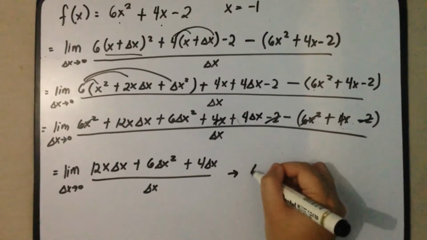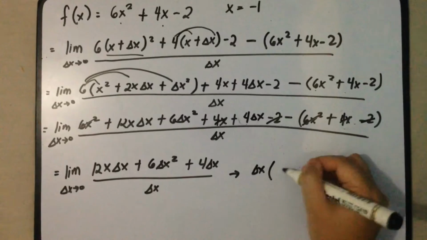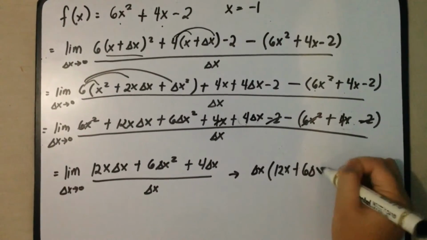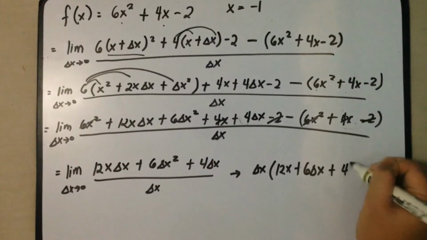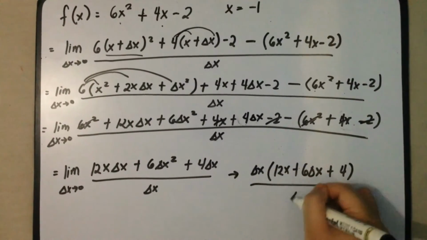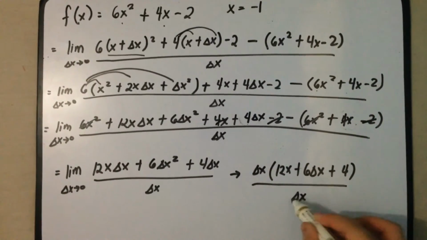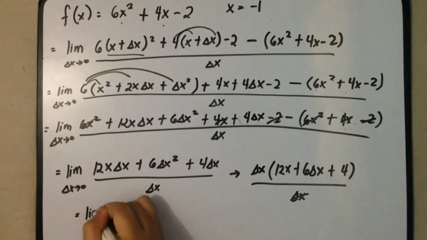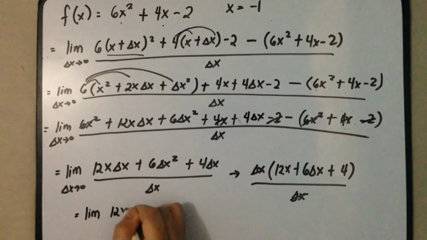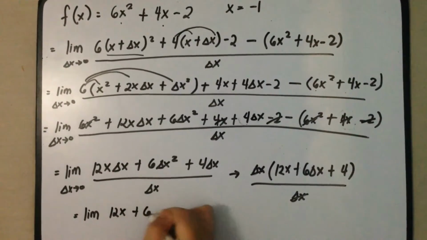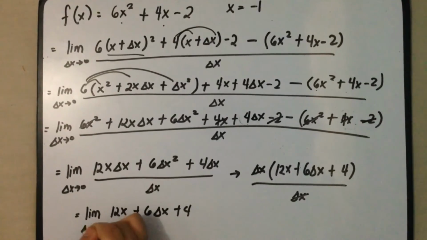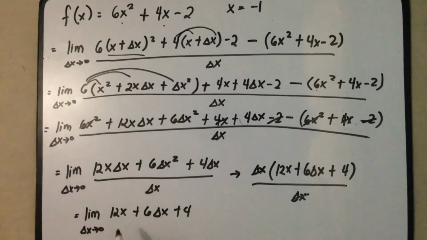To simplify this, we'll make it delta x times 12x plus 6 delta x plus 4 over delta x, and just cancel delta x out. And now, we're only left with the limit of 12x plus 6 delta x plus 4 as delta x approaches 0.